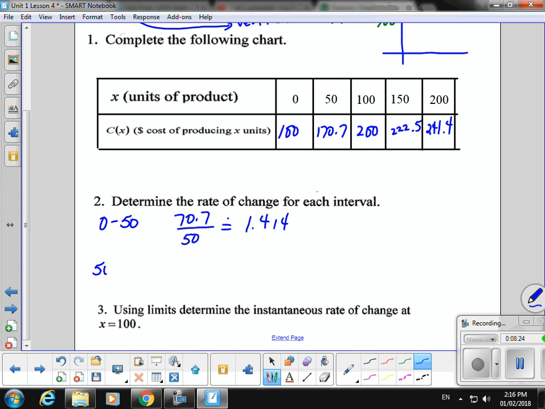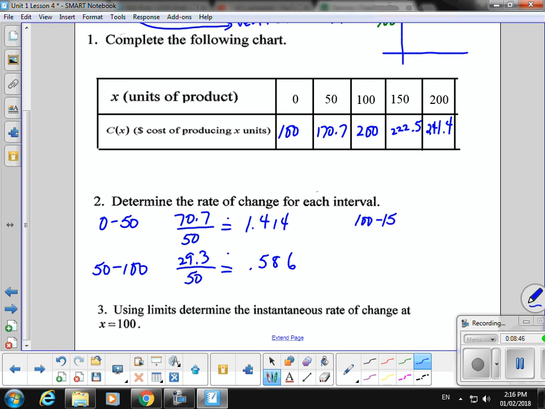From 50 to 100 units, the rate of change would be 29.3 in 50, which is approximately $0.586 per unit.